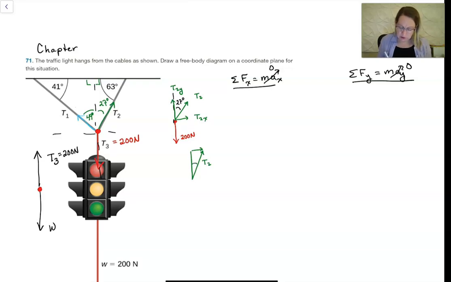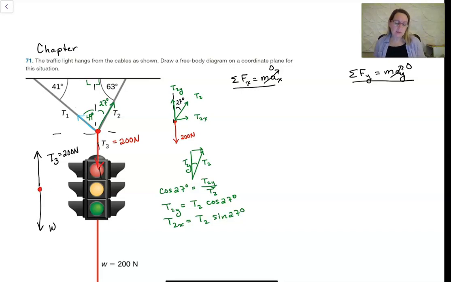The adjacent is the Y component, T2Y. So I can say that cosine of 27 degrees is equal to T2Y over T2. So T2Y is equal to tension number 2, cosine of 27 degrees. Then T2X is equal to T2 sine of 27 degrees.